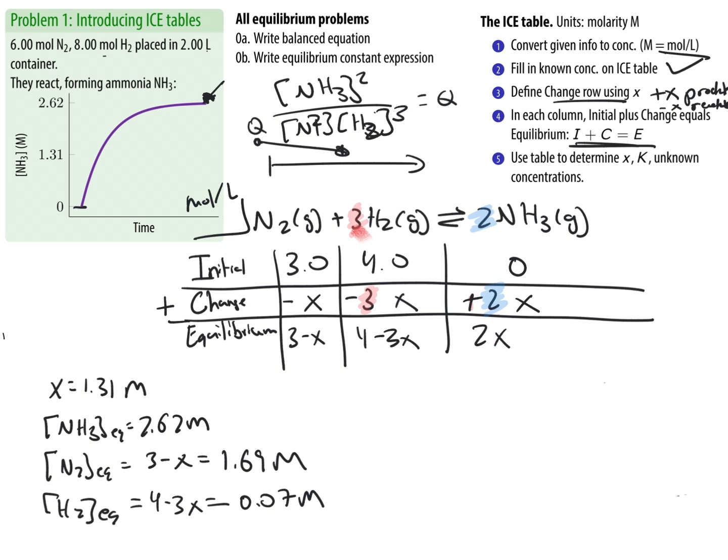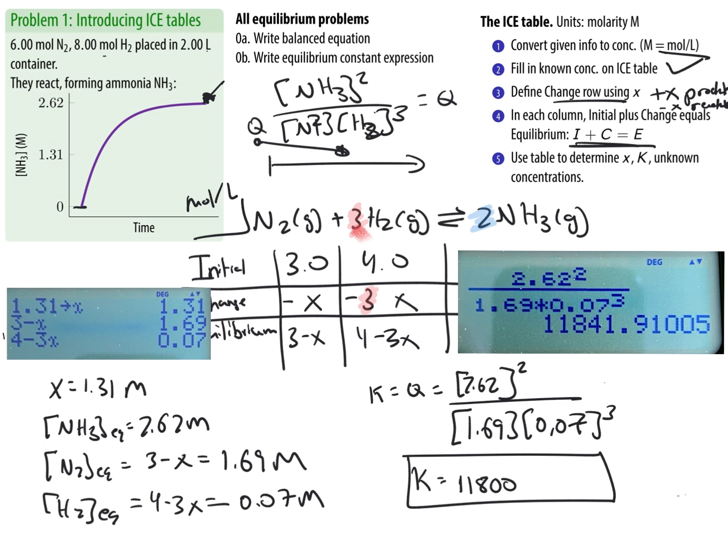If I know all the equilibrium concentrations, I plug in and solve for K. So at equilibrium, K is equal to Q, which is equal to, again, I have my formula up there, NH3 squared, so that's 2.62 squared divided by N2, which just gets the power of 1, so 1.69, times H2 gets a power of 3, so 0.07 cubed. Okay, so here's the solution, 11,800.